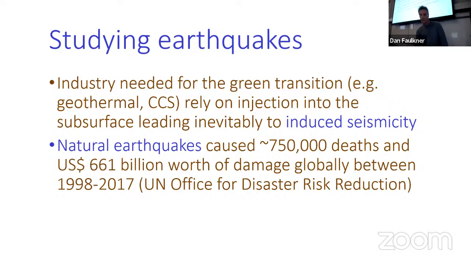So, whenever we inject any fluids into the subsurface, we produce seismicity, induced seismicity. And trying to get a handle on that, particularly in the UK, as we saw when we tried to start shale gas off a few years ago, is really key, because we're a densely populated little island, and any events that we produce don't tend to go unnoticed at all. So, trying to get to grips with that is hugely important.